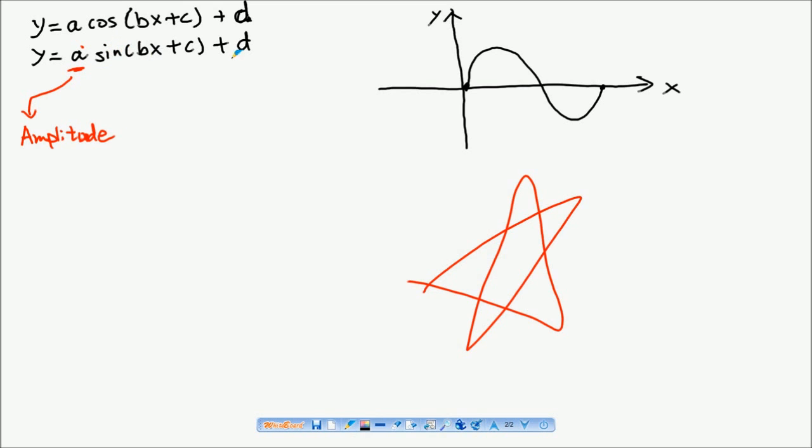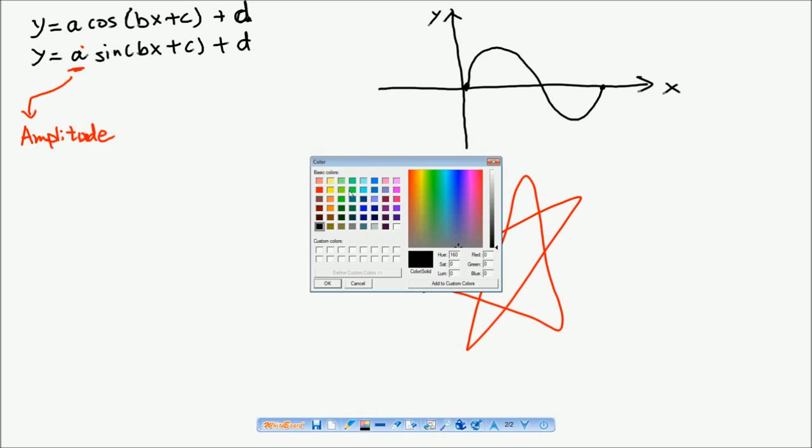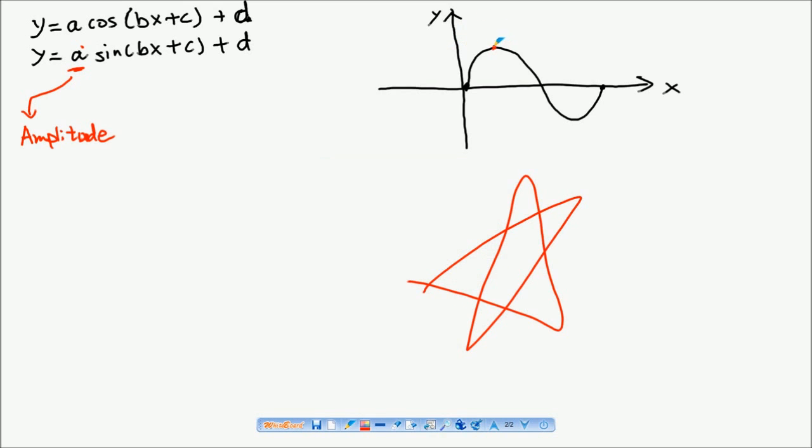This is the sine. It's basically the height of the sine wave that is called the amplitude A. I labeled it here: the distance from your maximum to your neutral line, y equals 0.